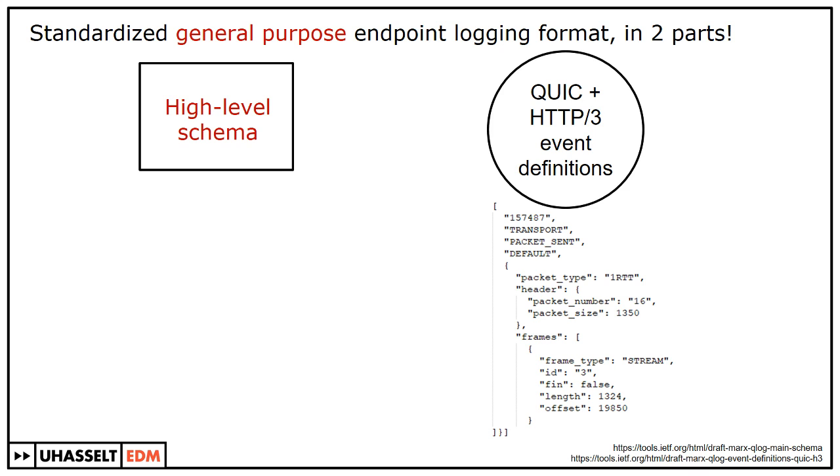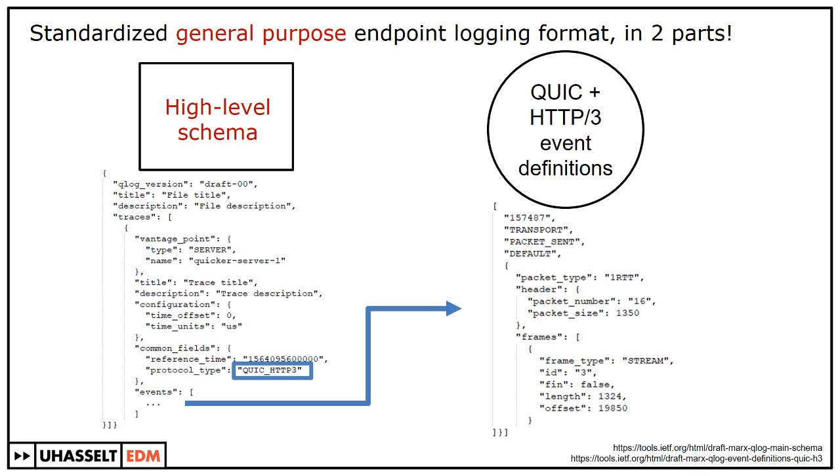So next slide. You can see this as the metadata surrounding the events that you can use to interpret the events or to augment the events, right? So the simplest forms here, as you can see, you can have a title and a description for your file. You can have a bit of configuration. And most importantly, what we now have is the protocol type field. It says QUIC HTTP3. This means that all the events following this are to be found in the separate QUIC document.